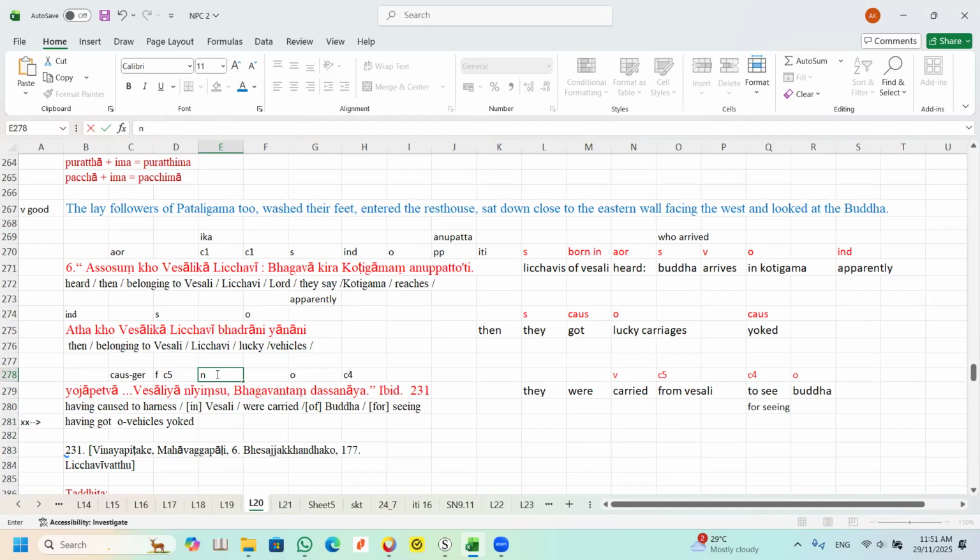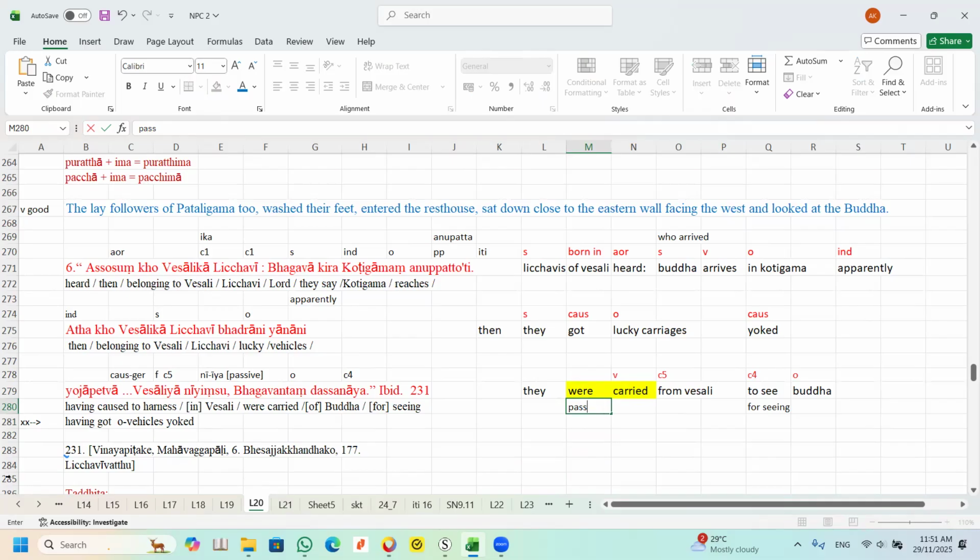Ni plus iya. That means this is really a passive verb. It's passive because of the past tense, will carry. This is a passive, will carry. Understand?